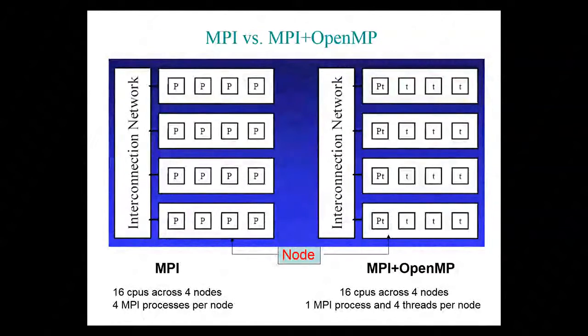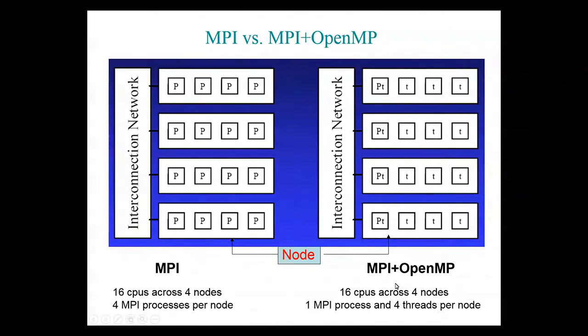So here we compare the load layout. For example, we use 16 CPUs across 4 nodes, with 4 processors per node. With MPI only, each CPU will run one MPI process, so that means we have 4 independent MPI processes per node.